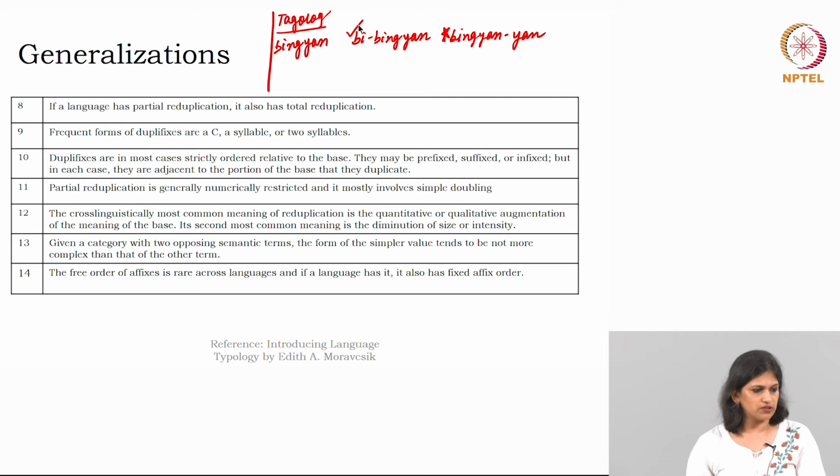I am not very sure, as I am not a speaker of this language, but going by the generalization, the reduplication Bi, which is adjacent to the base Bing, is okay. But Bing Yan Yan, the reduplication of Yan, cannot be considered the right form of duplication of this syllable.